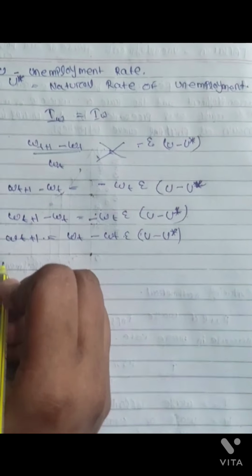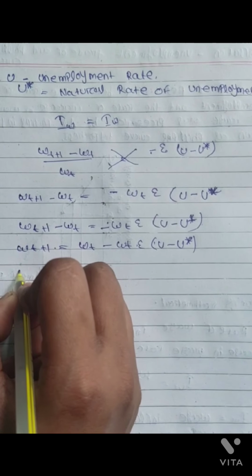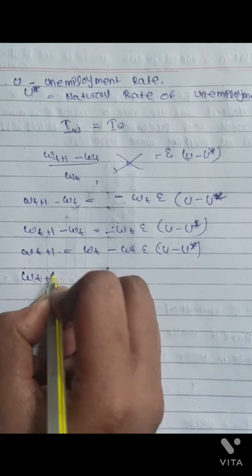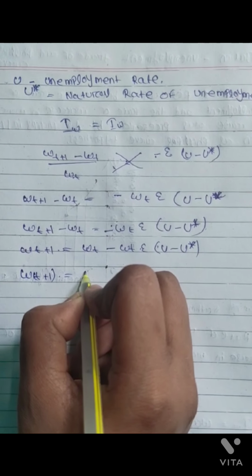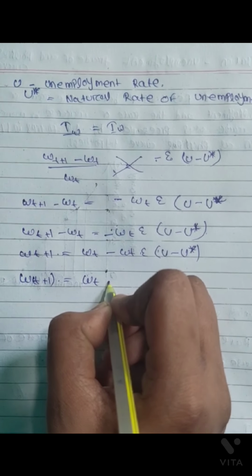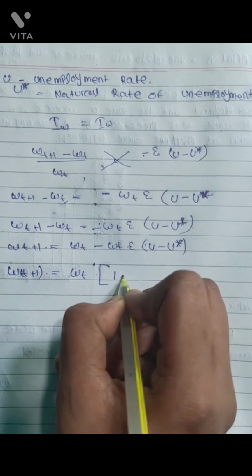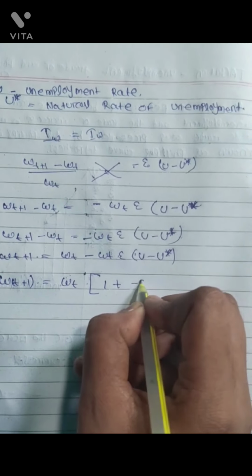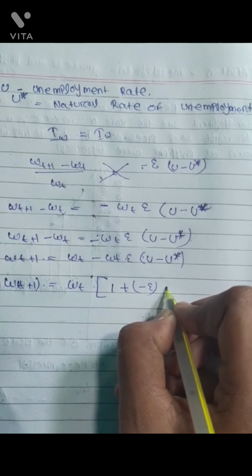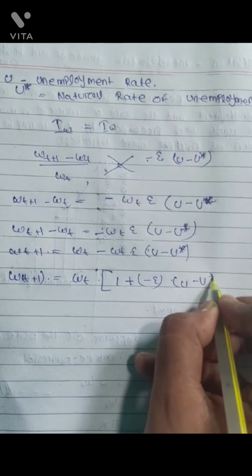Now WT+1 equals WT times (1 minus summation (U minus U star)).